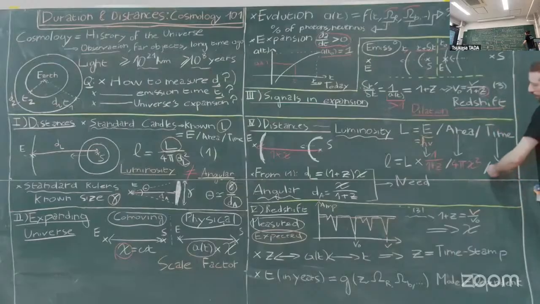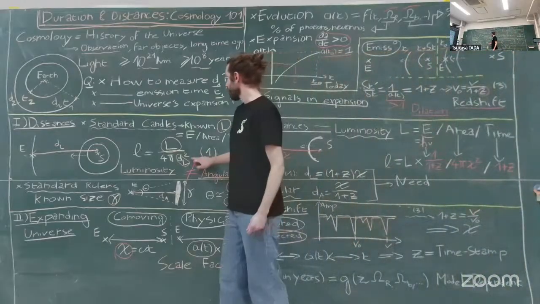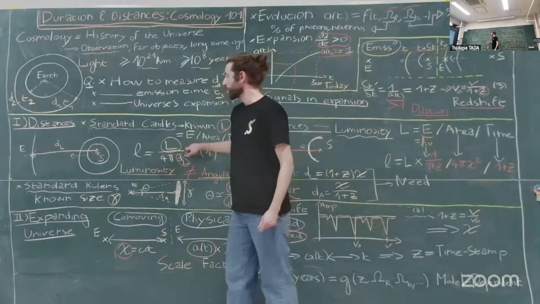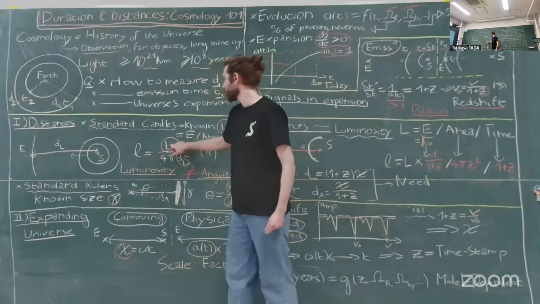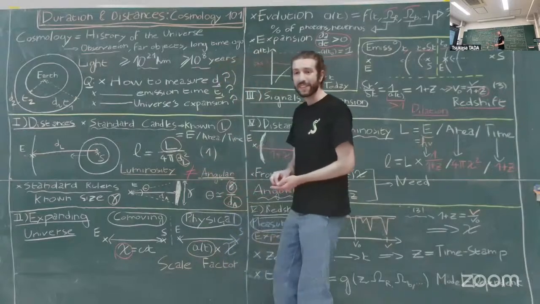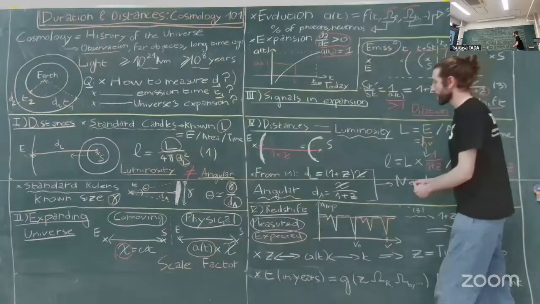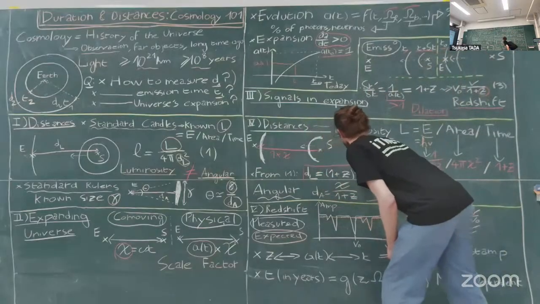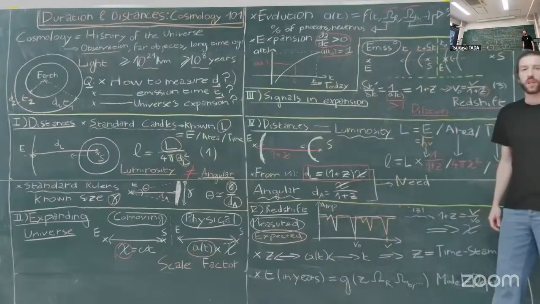So if you put all of this together and you put that in the same form as here, which is the protocol that we use to extract the distances, where we compare the received luminosity to the one we know, then you will find that the DL that you estimate with this procedure is given by 1 plus z times the co-moving distance. Okay?